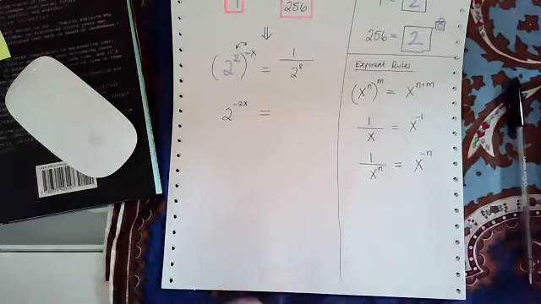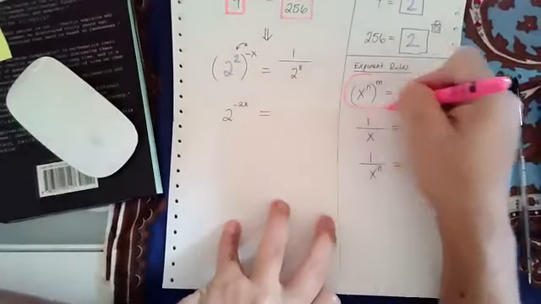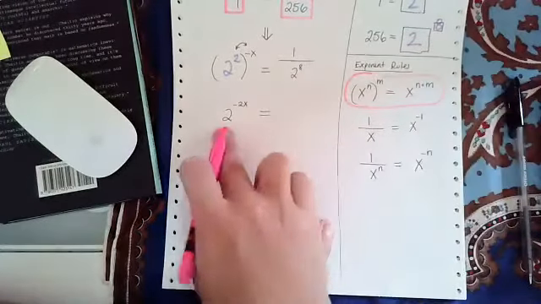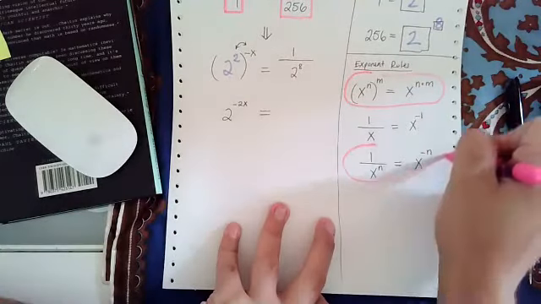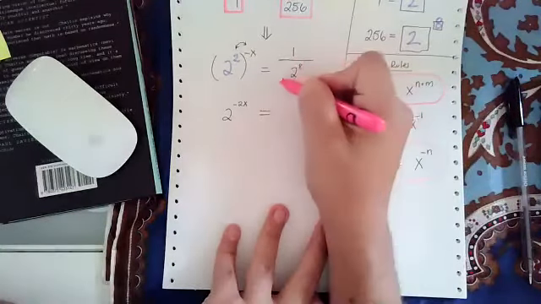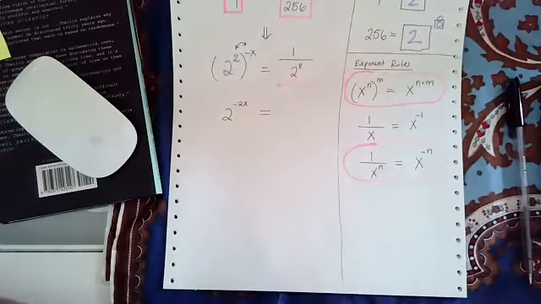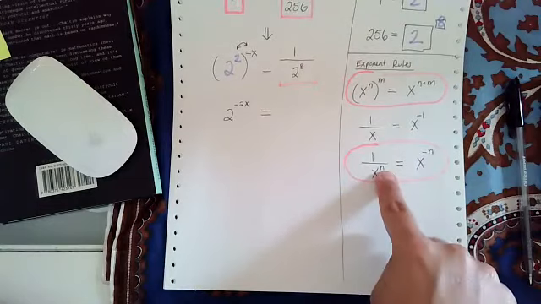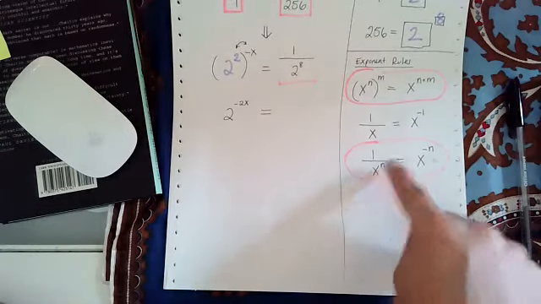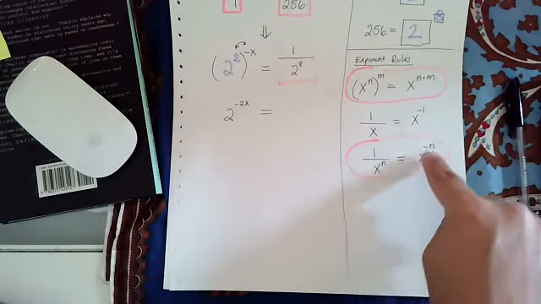And this rule would allow me to change this number from 1 over 2 to the 8th power to just 2 to the negative 8th power.